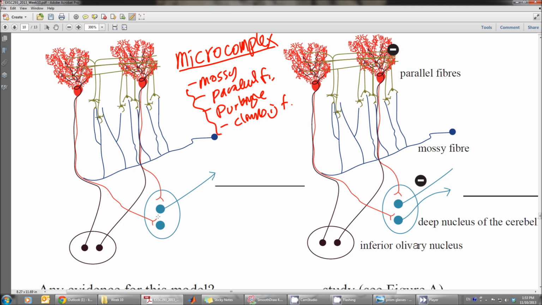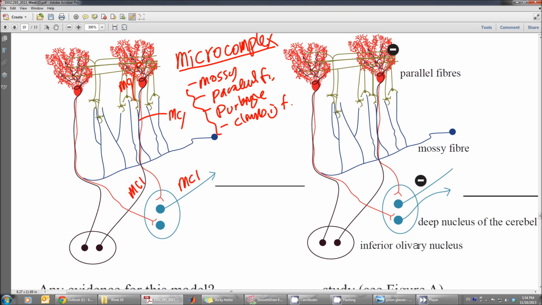One, I'll just name MC1. You see MC1 here with this mossy fiber, and let's say this parallel fiber is part of the MC1, and this Purkinje fiber is part of the MC1, and this climbing fiber is part of the MC1.